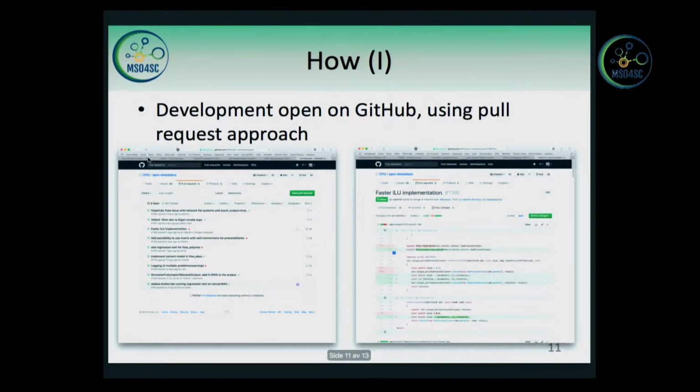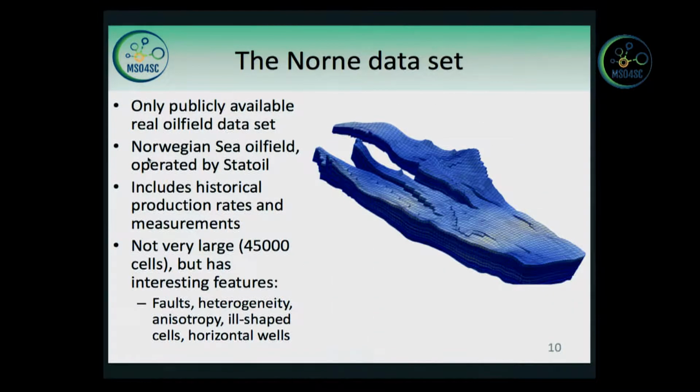And it has some more or less horizontal wells, which have their own challenges related to how they connect parts of the reservoir that would otherwise not be that tightly connected, and also because it challenges you in how you model the wells.